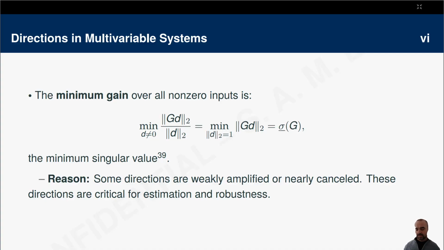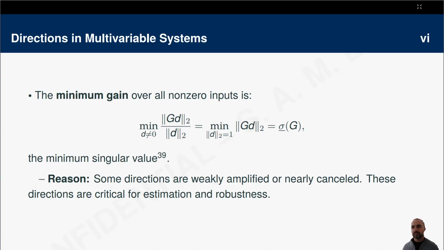As opposed to maximum gain, we can also define the minimum gain. The minimum gain over all non-zero inputs is the 2-norm of Gd over the 2-norm of d. We are still working with the ratio where d was the input vector, G was the matrix, and Gd was the output vector, and we replaced the output in this ratio with Gd.